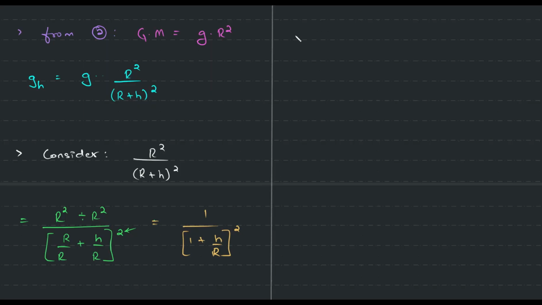And this can be further rewritten as (1 + h/r)^(-2). And to expand this, we are going to make use of the binomial theorem.